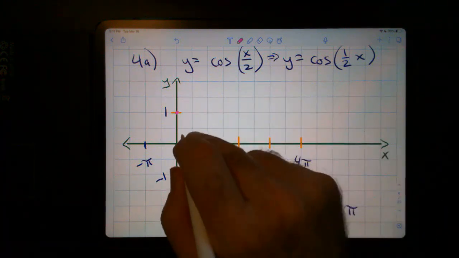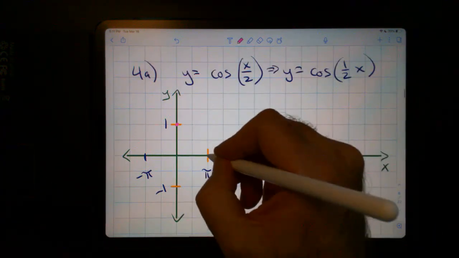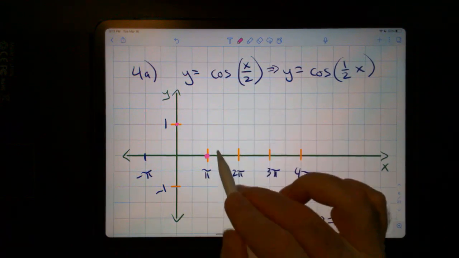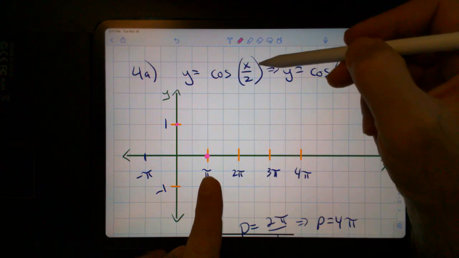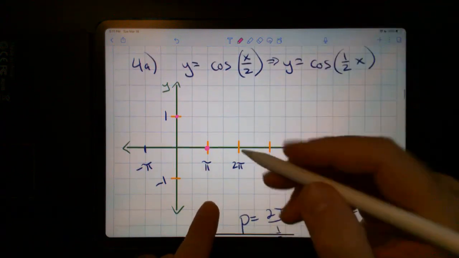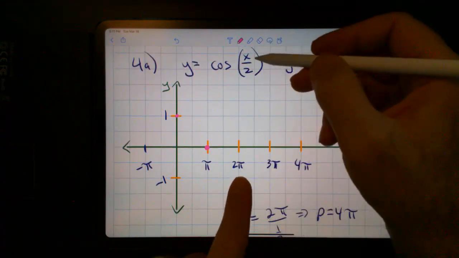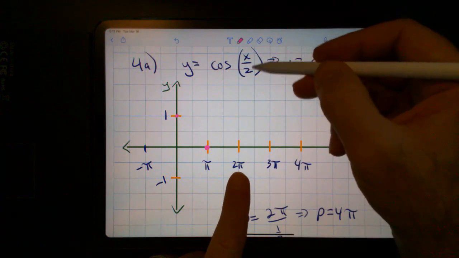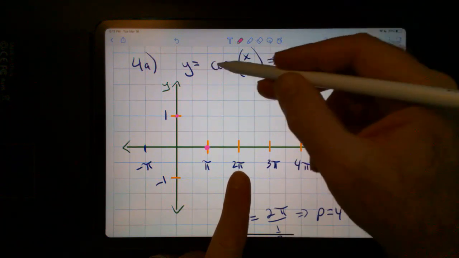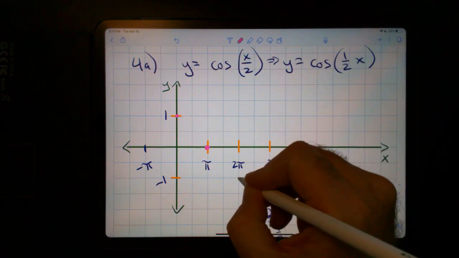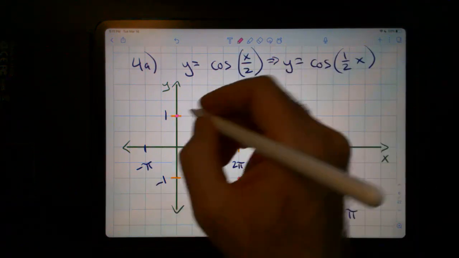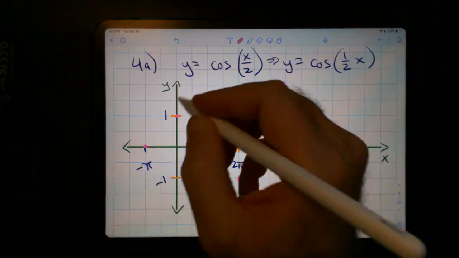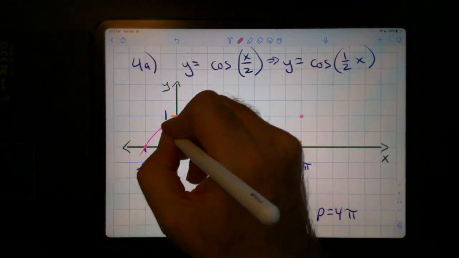And then in this case, when x is pi divided by 2, cosine of pi over 2 is 0. Okay, and then similarly, when x is 2 pi divided by 2 is pi, cosine of pi is negative 1. Okay, back up to the middle, back up over, and if we want, we can go down to here.